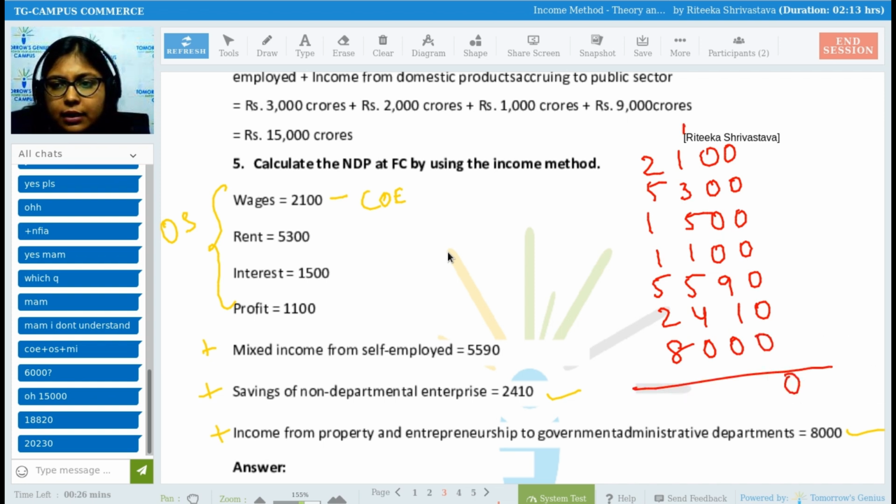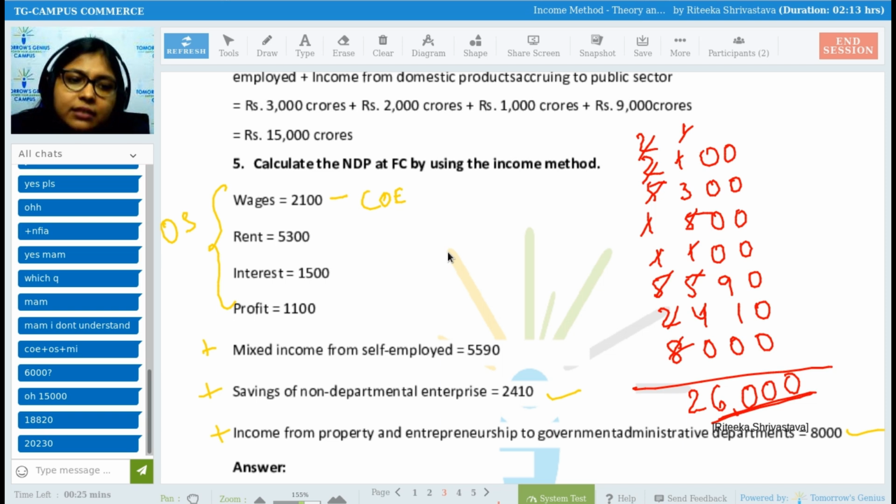Add it. 5, 10, 14, 15, 16, 17, 18, 19, 20. 8, 10, 15, 20, 21, 22, 23, 24, 25, 26. 26,000. Very simple. Get it? Understood?